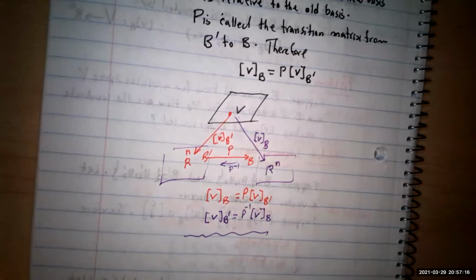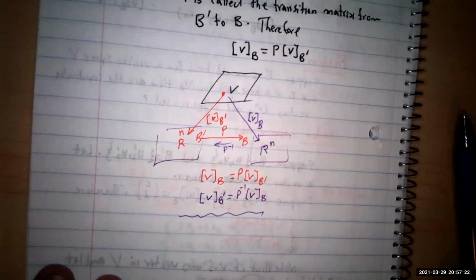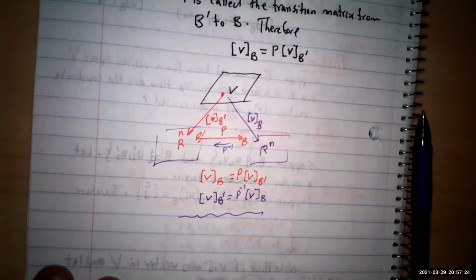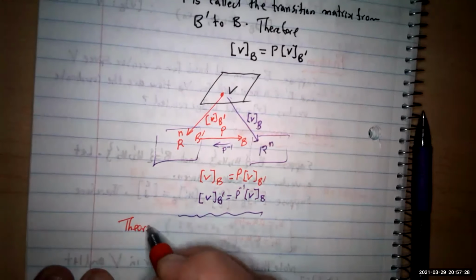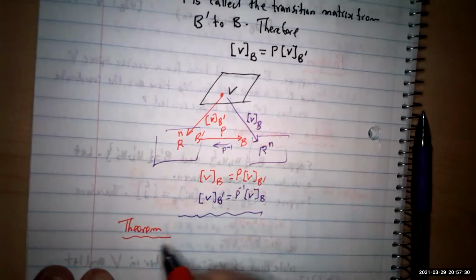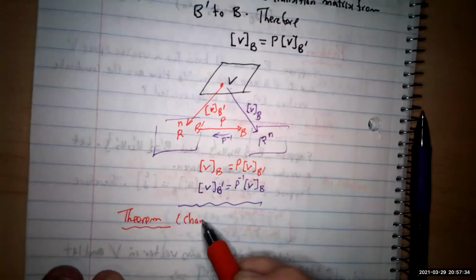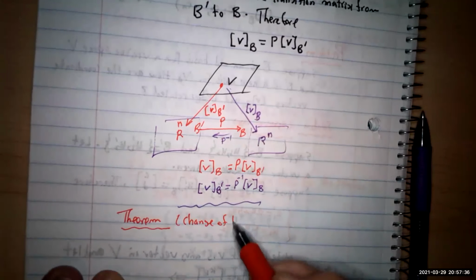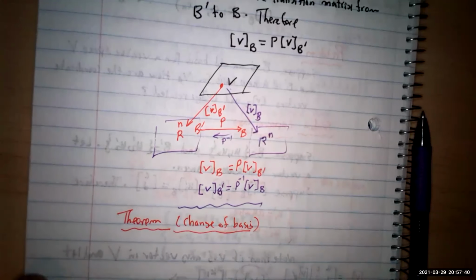So what I did all together is nicely give you a geometrical interpretation of this famous theorem. We write it as a theorem. That's the change of base theorem. Okay, this is it. Change of base. The basis, there you are.